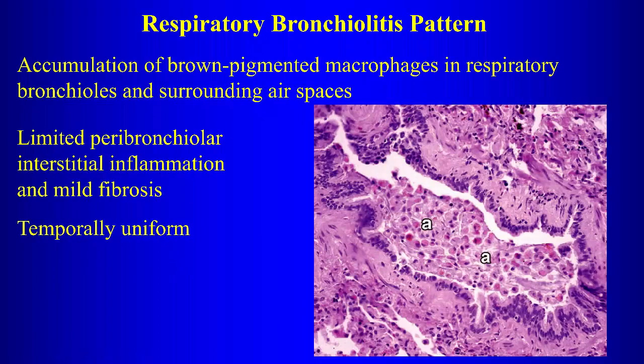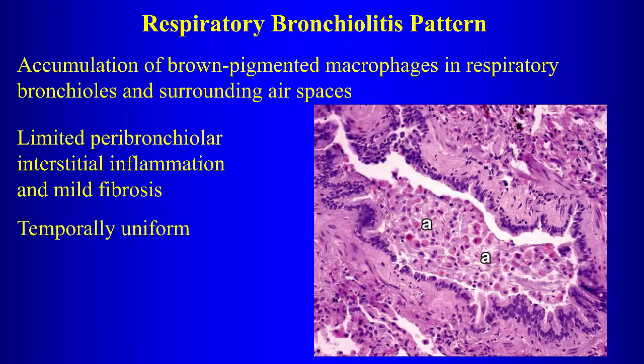So this is more common than DIP, and it's actually a common finding on histology in smokers. Respiratory bronchiolitis as a histologic finding is very common in smokers. We call it RBILD when? What's the distinction between RB and RBILD? Symptoms, right.